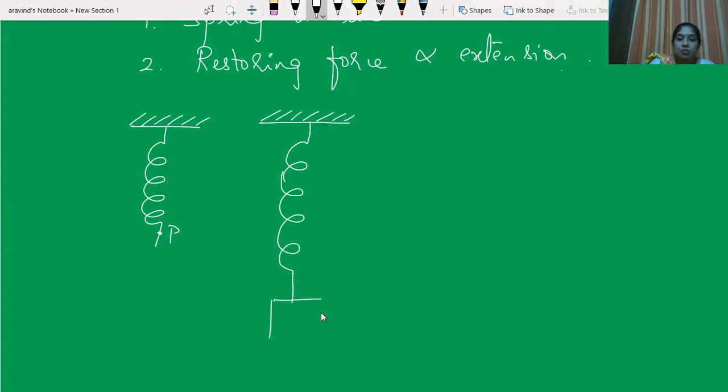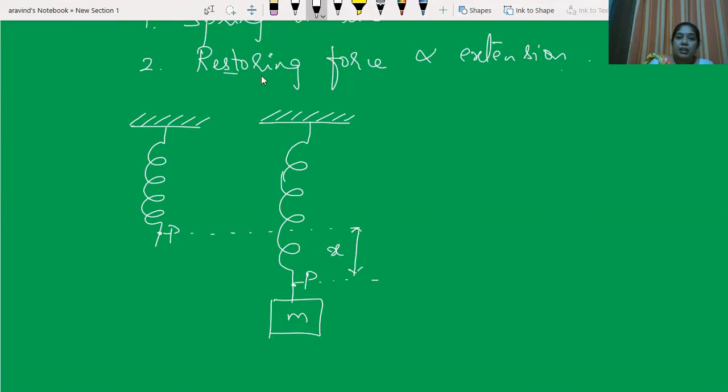So in the presence of load, the spring is extended, and the point P has come here. So what is the extension in the spring? Let me say X is the extension in the spring.